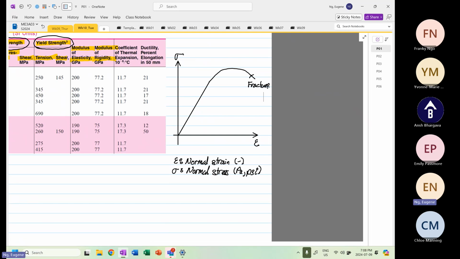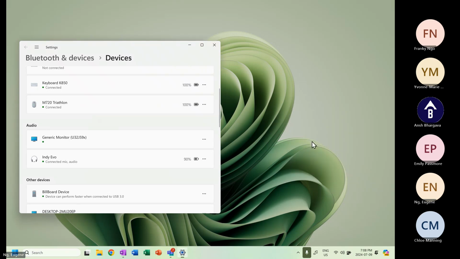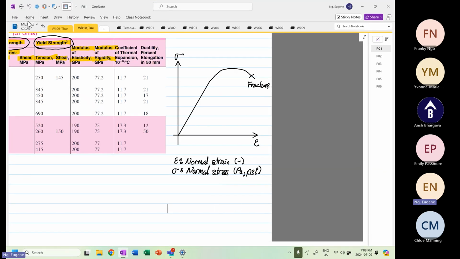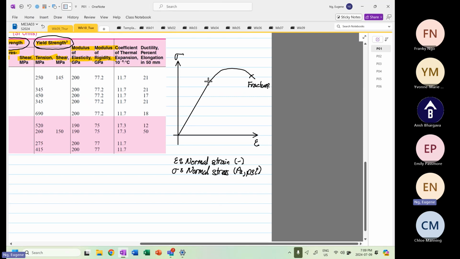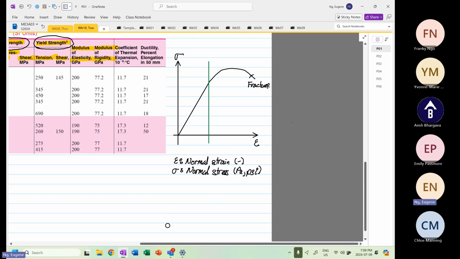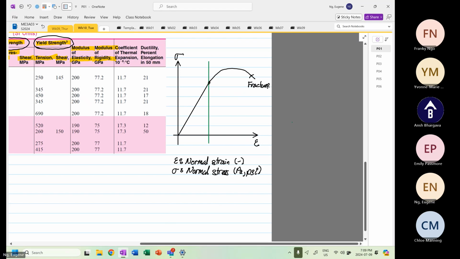In the linear section of the stress-strain curve, where my green line stops, this is our yield strength.